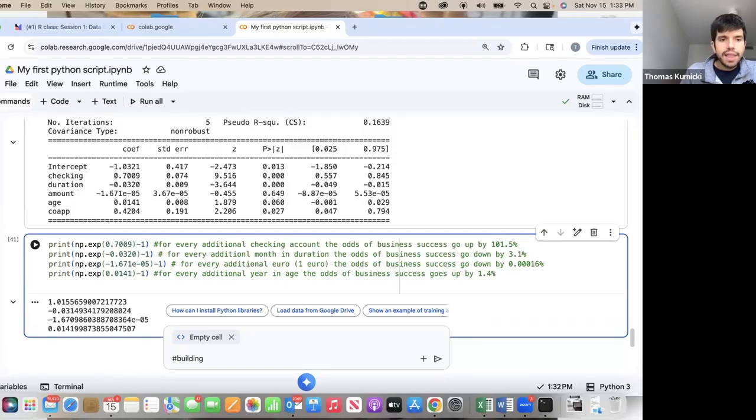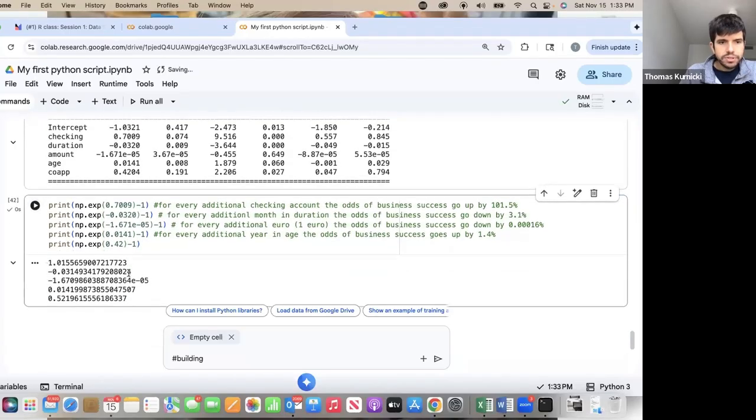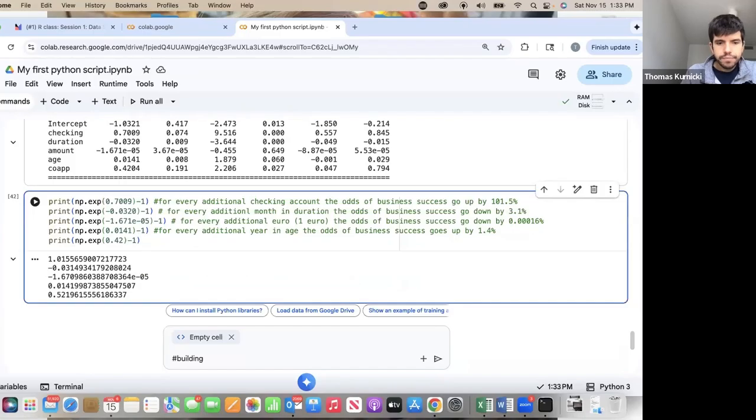Good. And last but not least, let's print for the co-app. Who wants to take the last one? Anyone wants to take the last one? Raise your hand.